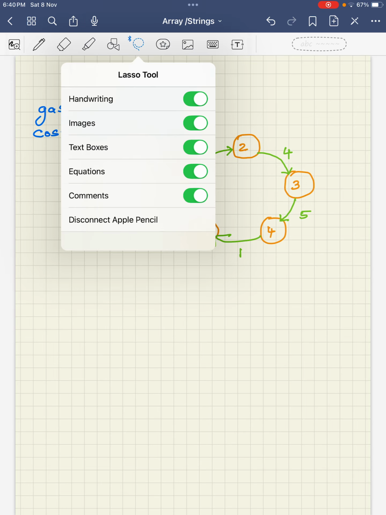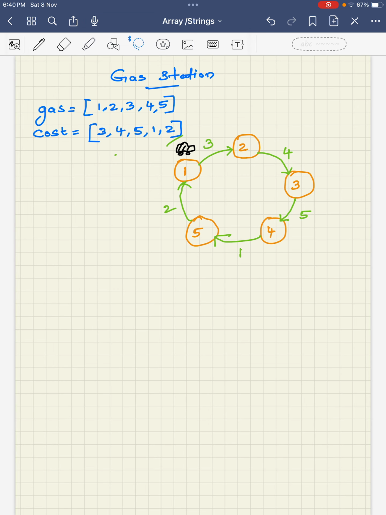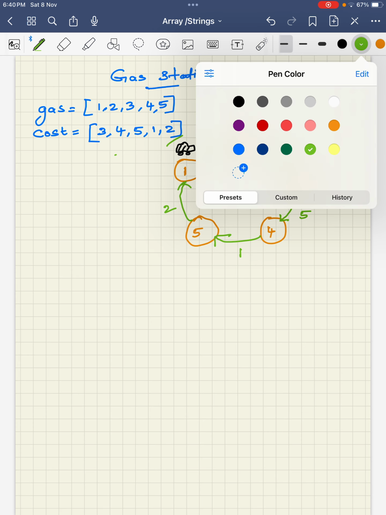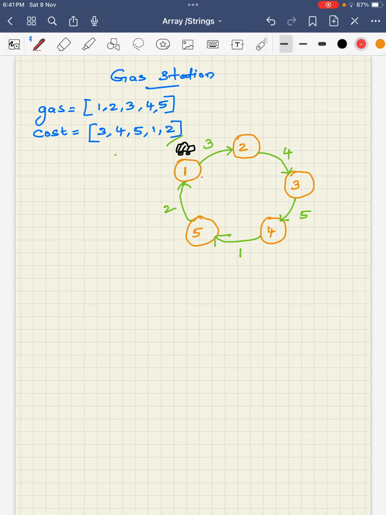Suppose we start from this particular gas station. I am also going to write down the index corresponding to each gas station: index 0, 1, 2, 3, 4. This is the array index. If I start from this gas station, it provides 1 unit, and that is insufficient to reach the next gas station because that journey requires 3 units.